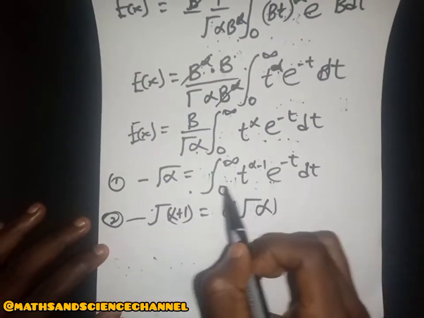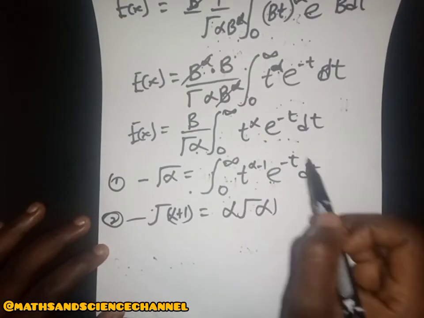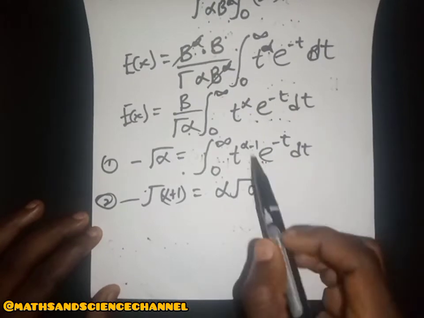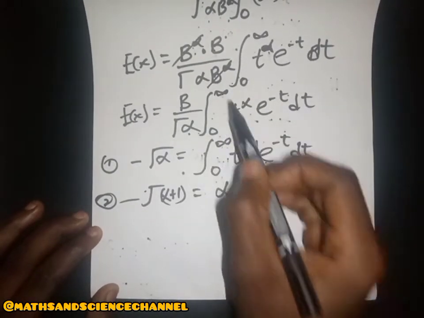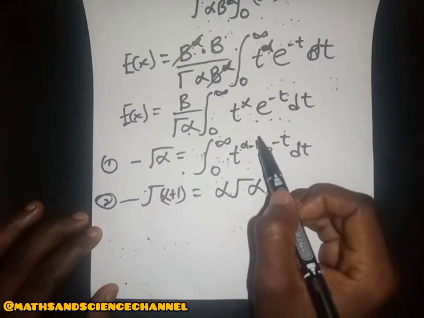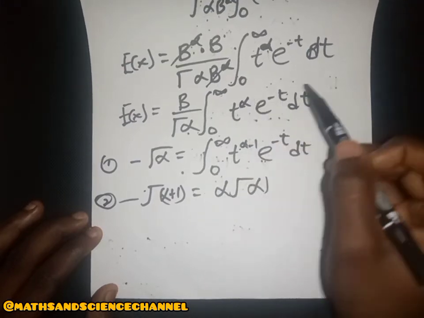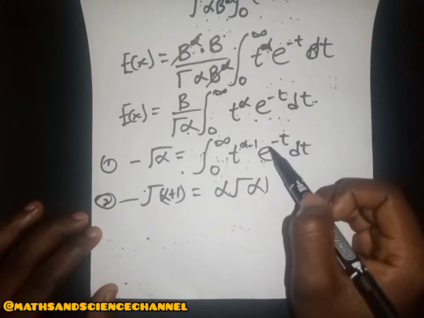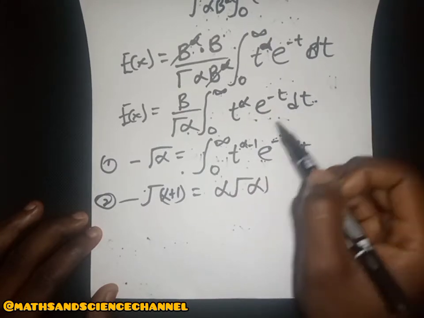Now if you look at it, which means that when we are able to write this to look similar to that, then it's equal to that. Okay, so we realize that we have gamma here, we have 0 here, t to the power alpha minus 1, but here from what we have over here, we have just alpha, not minus 1, but then we have e to the power minus t and then the dt.